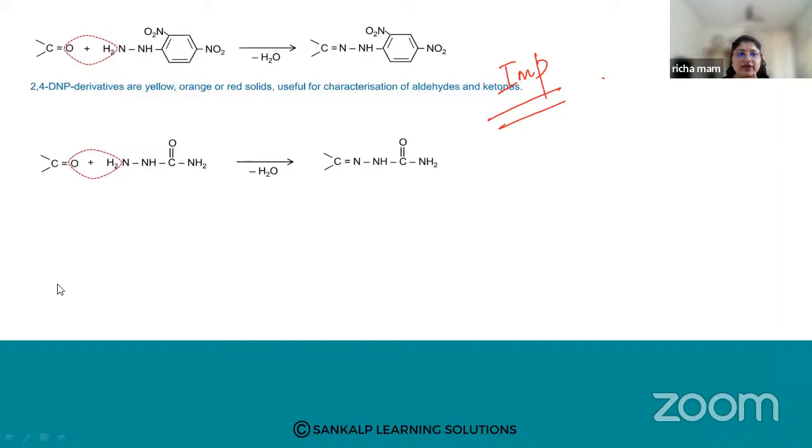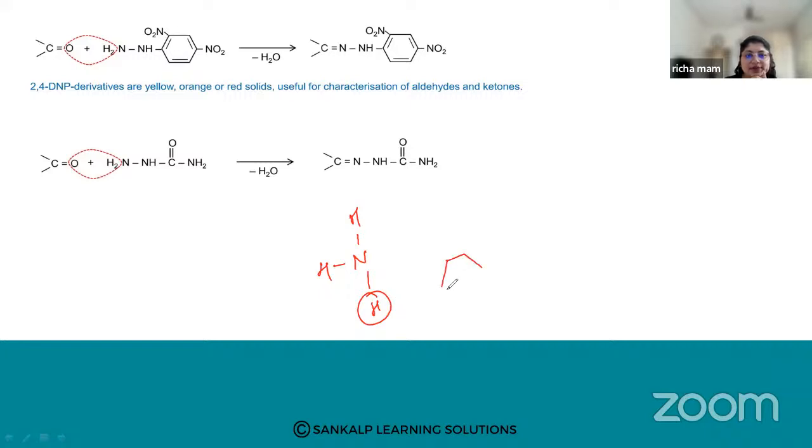Next, you have again an ammonia derivative. One of the hydrogens is replaced by a phenyl derivative, that is 2,4-dinitrophenylhydrazine, with an NH group.